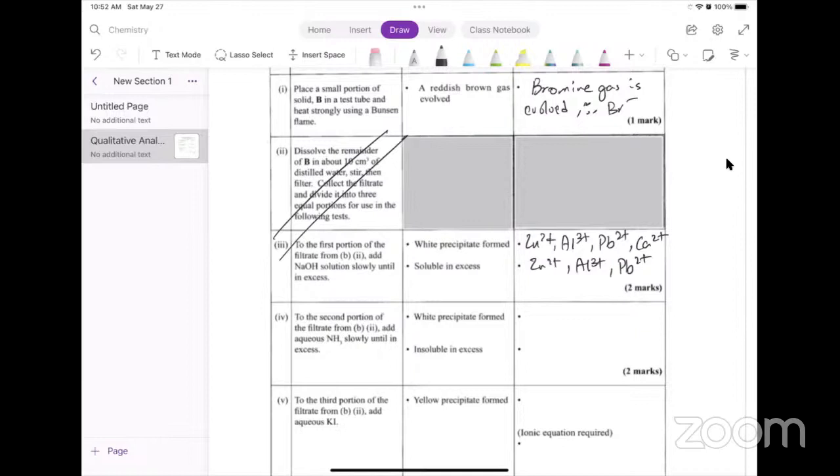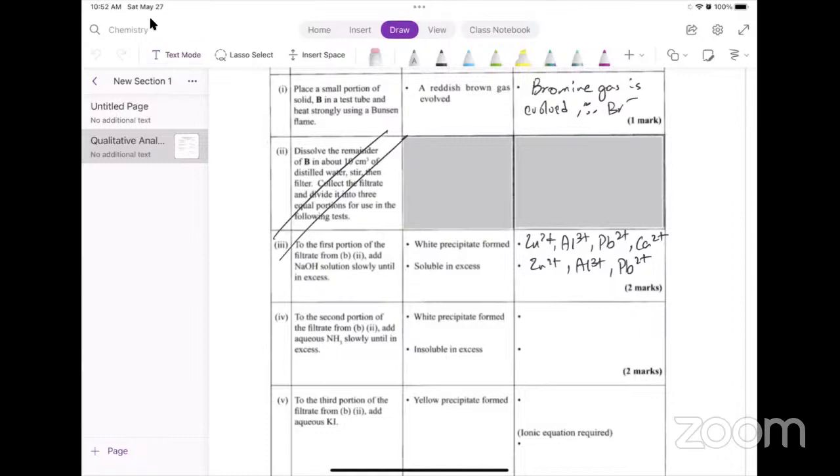I'll say for testing for cation, the white precipitate is the zinc, aluminum, lead, and calcium, and the insoluble is calcium. Well, remember we eliminated calcium based on the fact that it's soluble.